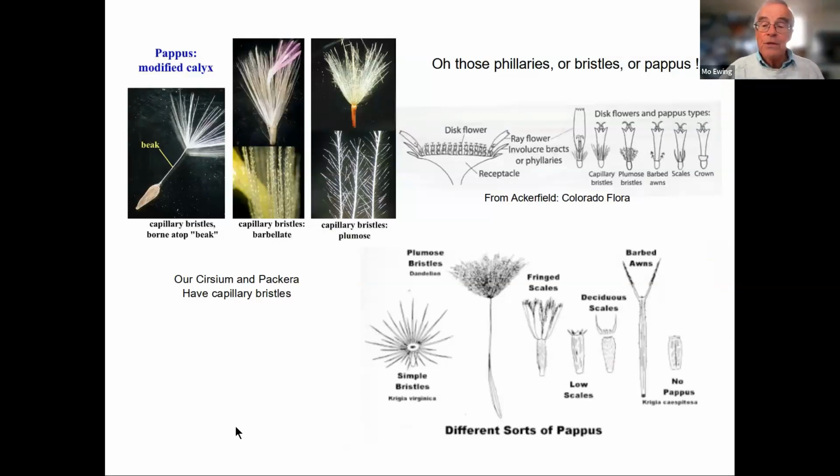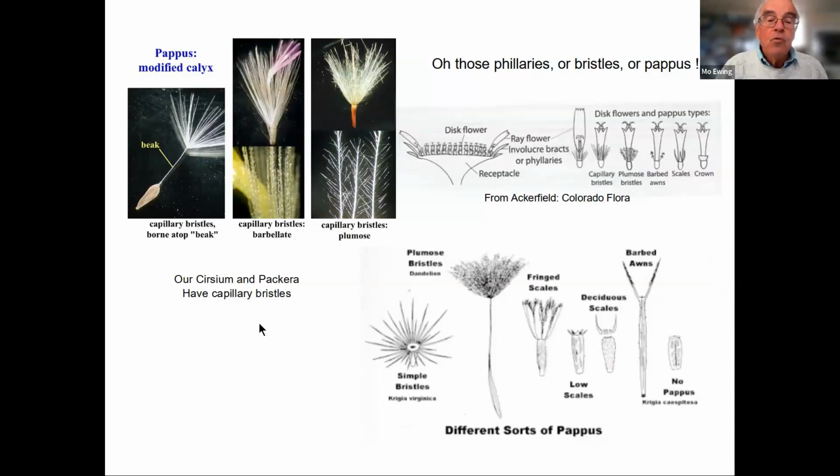This is one of the reasons that I wanted to take you through this key, because you have to be able to identify different groups of pappuses. What she does is she breaks the species down depending on what kind of pappus they have.